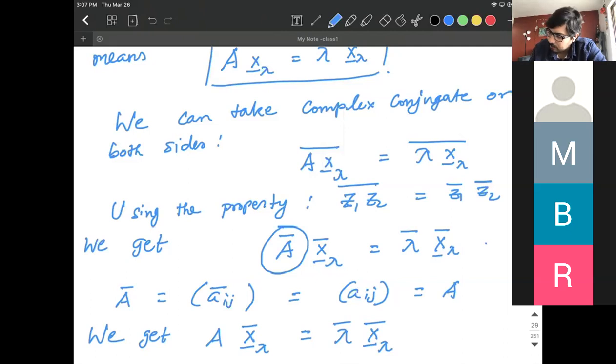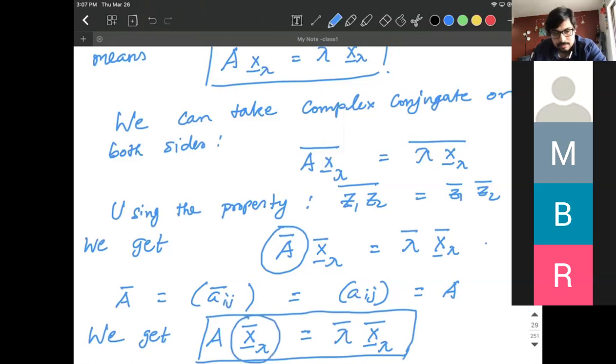Okay, so we have another eigenvalue-eigenvector equation for A. This is the eigenvector for lambda bar. So that basically proves the fact, that lambda bar is also an eigenvalue with this particular eigenvector.